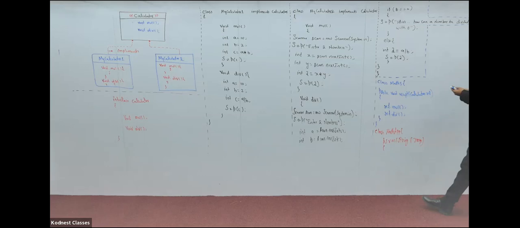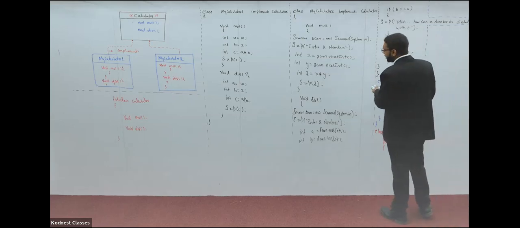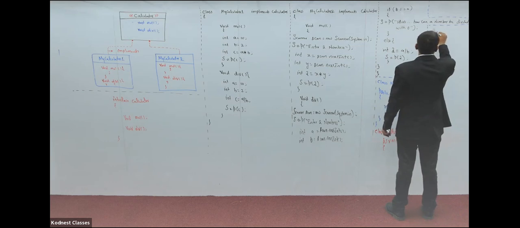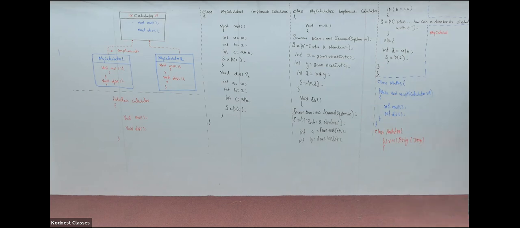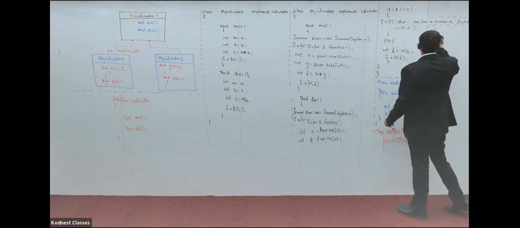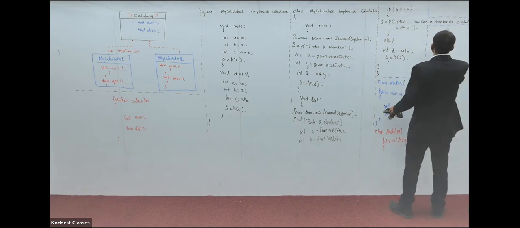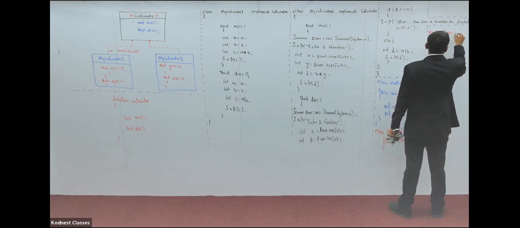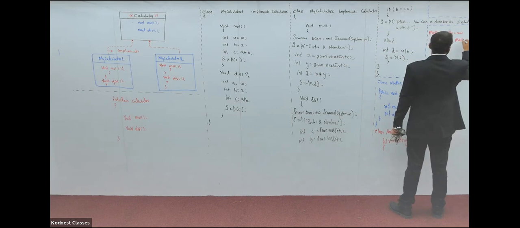Hence, what I will do is I will create the object of my calculator 1, maybe like this. Why do I have to create the object? Directly I'll create the object of maths. Maths equals new maths.